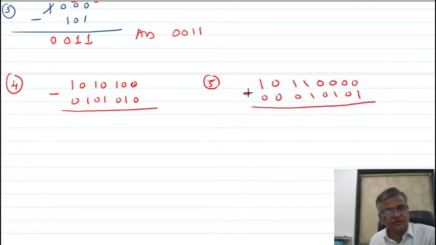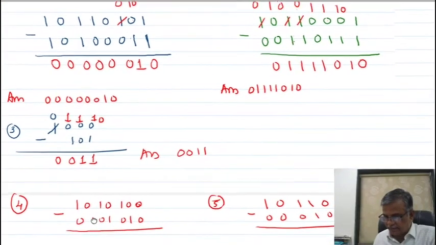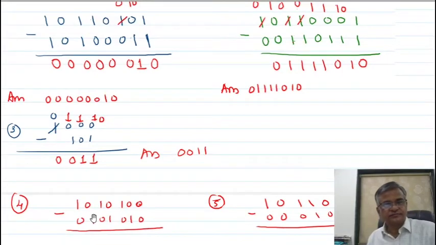Do this subtraction. So in this way you can do the subtraction. Now let us go for the binary multiplication.